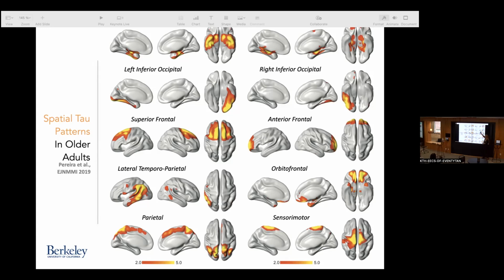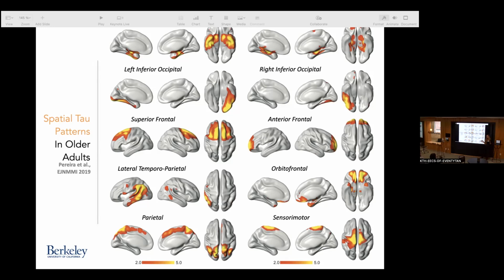There were also a couple of bilateral occipital patterns, a couple of frontal, and even a sensorimotor pattern, which was a little bit surprising because sensorimotor areas only show tau pathology in very late disease stages. Once we identified these patterns, we extracted the tau signals from each of these components and tried to see if they were meaningful in any way.